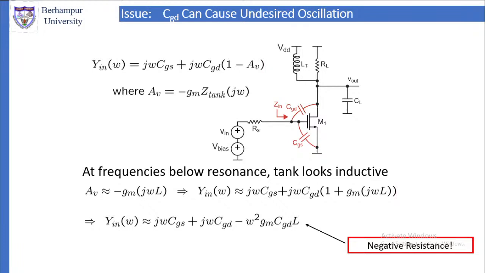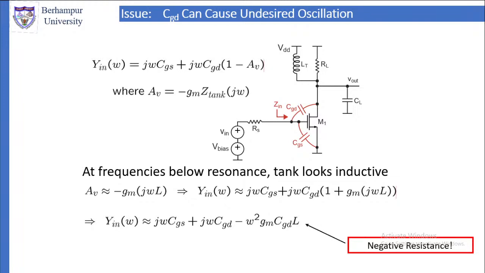So Yin as a function of omega is equal to j omega CGS, the capacitance between gate and source, plus j omega into the capacitance between gate and drain, into 1 minus AV. This expression we have already seen.